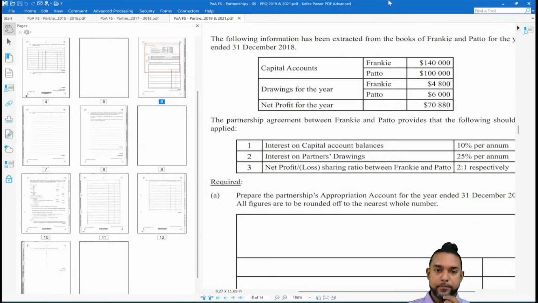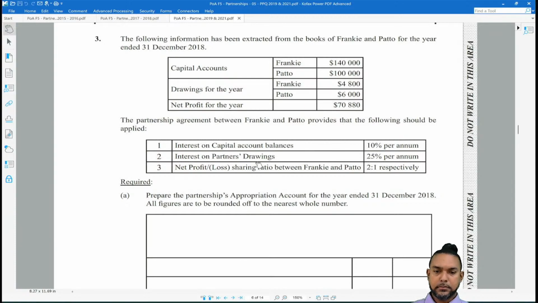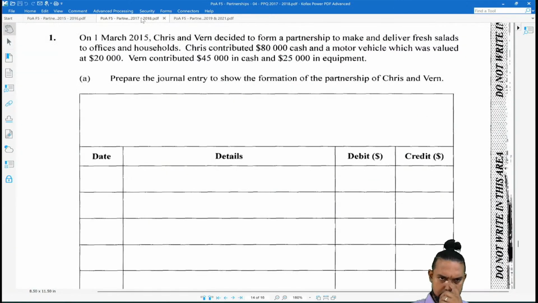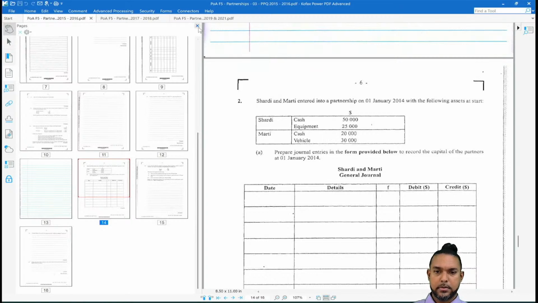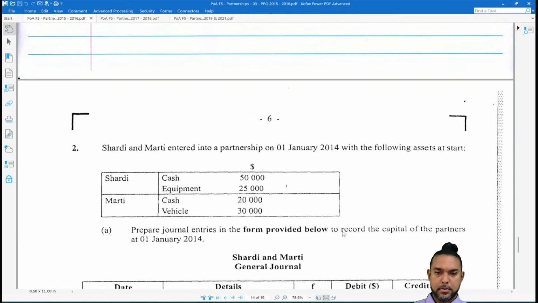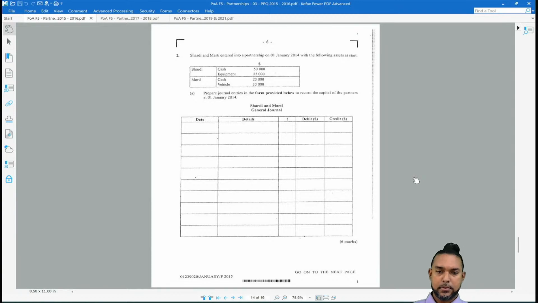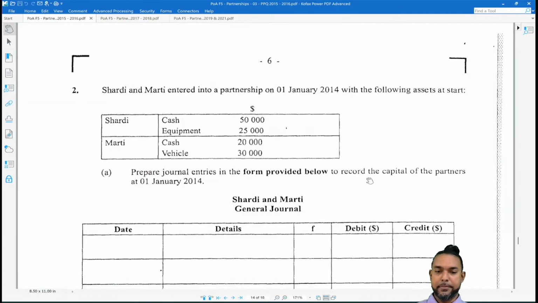All right. All right. I'm going to zoom in here so we can see him a bit more easily.